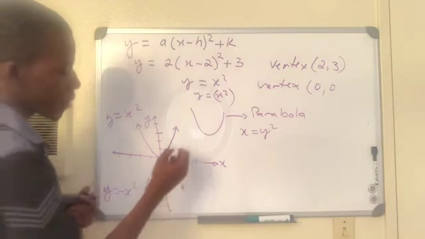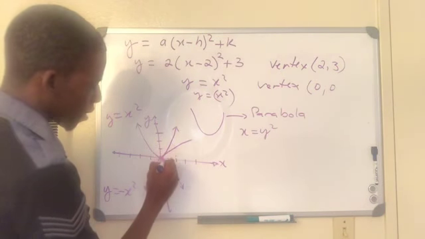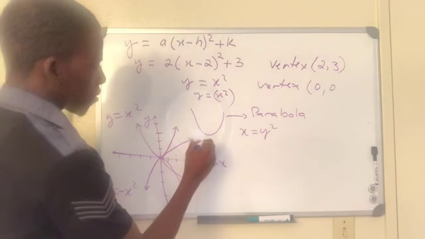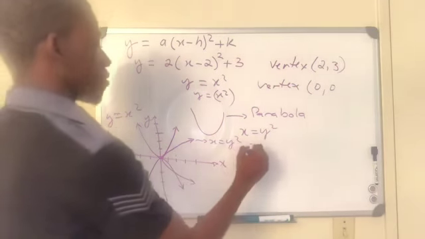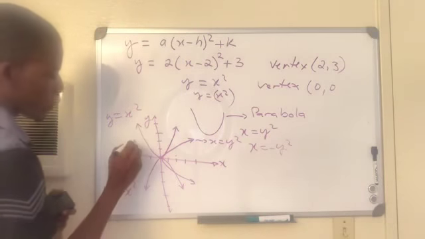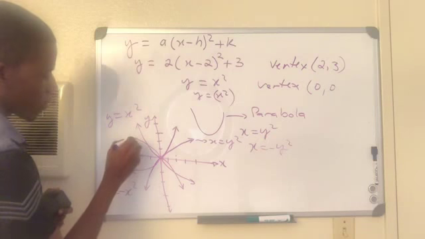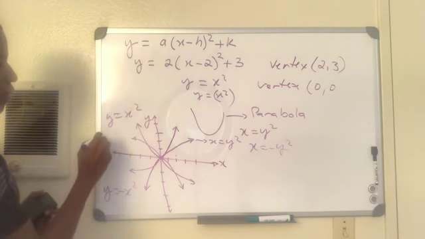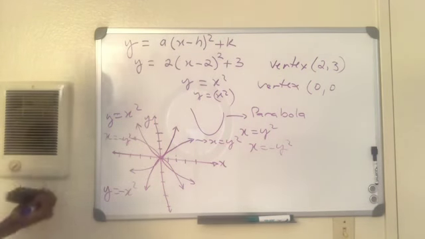Our parabola is going to open to the right. What if we have x equal to negative y squared? Our parabola is opening to the left. So we see the four ways.